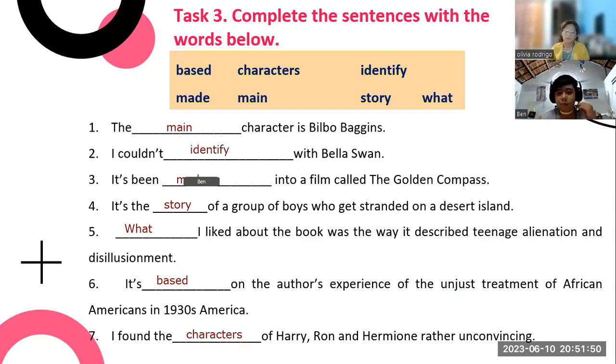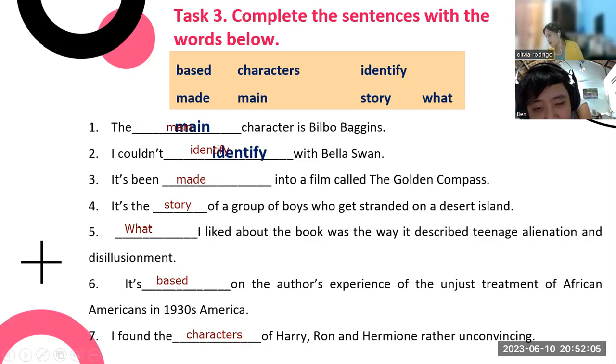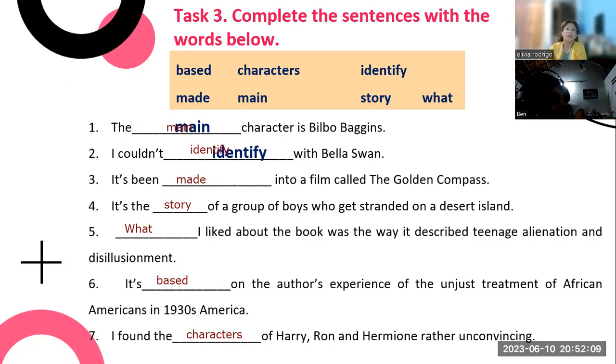Okay, so look at this one. The main character is Bilbo Baggins. I could not identify with Bella Swan. Bella Swan is actually an actress. It's been made into a film called The Golden Compass.